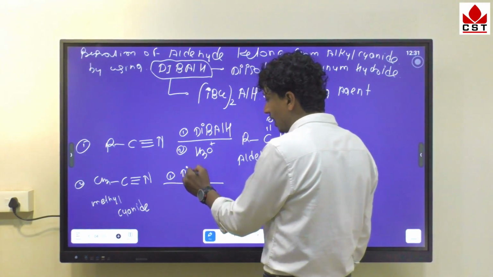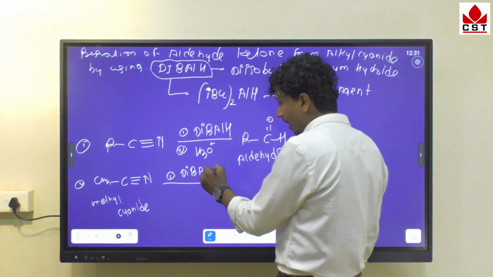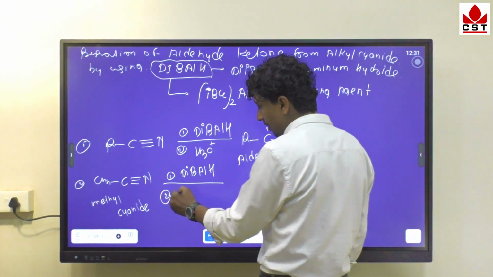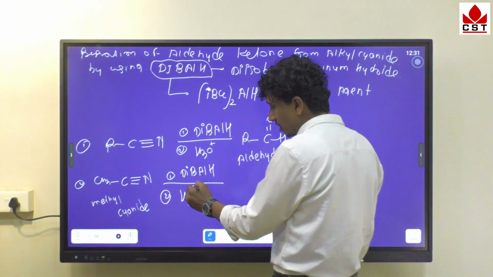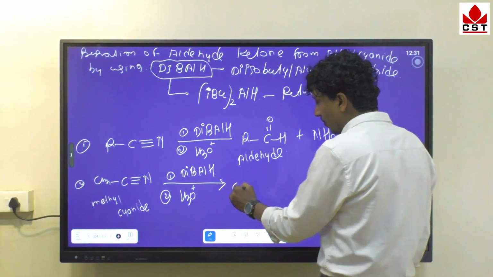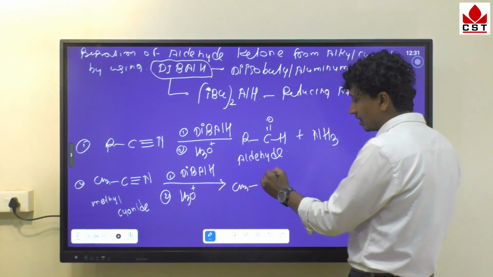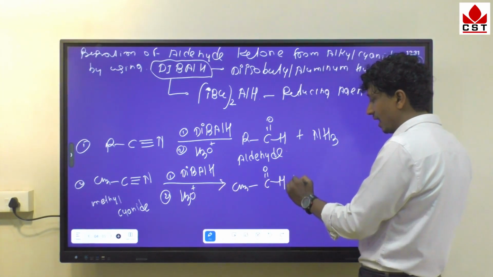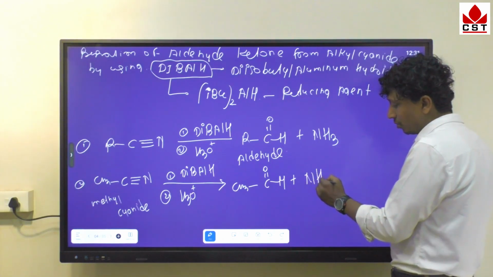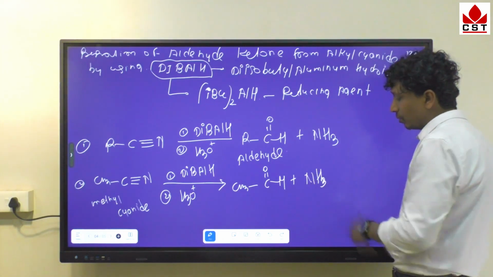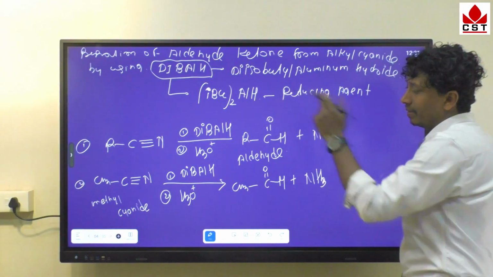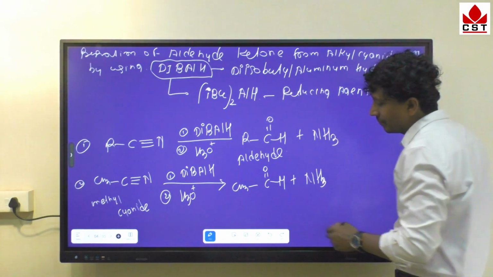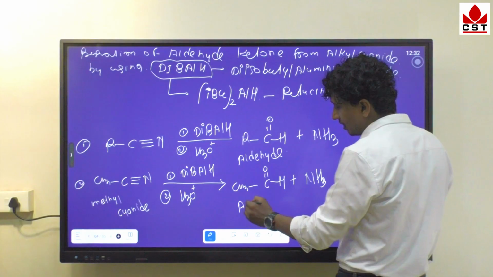Treatment with diisobutyl aluminum hydride, then treatment with H3O+ and the formation of CH3-C(=O)H in the reaction. We need not write the removal of ammonia, but the ammonia is eliminated from the reactant. Okay? CH3-C(=O)H is an aldehyde.